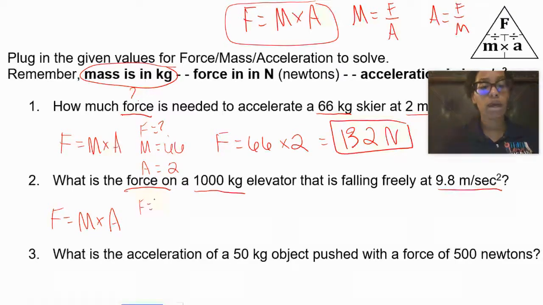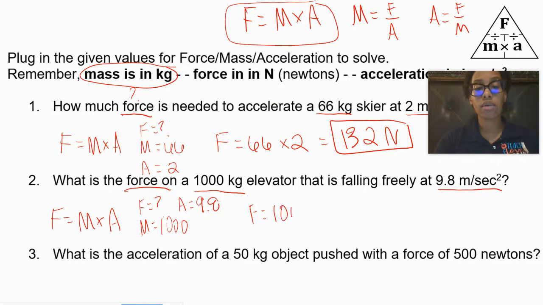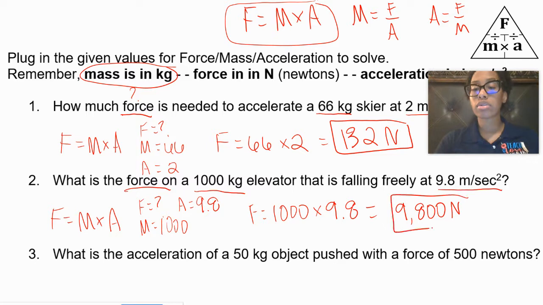Mass is 1,000 and acceleration is 9.8. So F is equal to 1,000 times 9.8, and that is equal to 9,800 newtons. Force is measured in newtons.